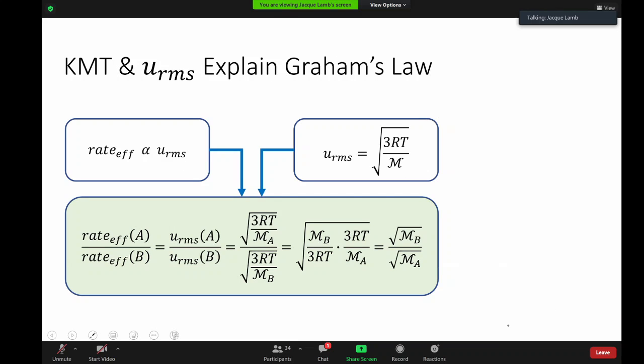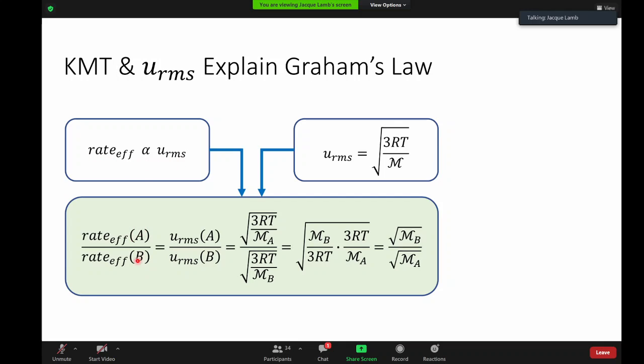So we can use KMT and root mean square speed to explain Graham's law. This is just the equation that we derived for root mean square speed before. And this is Graham's law: rate of effusion is proportional to root mean square speed.